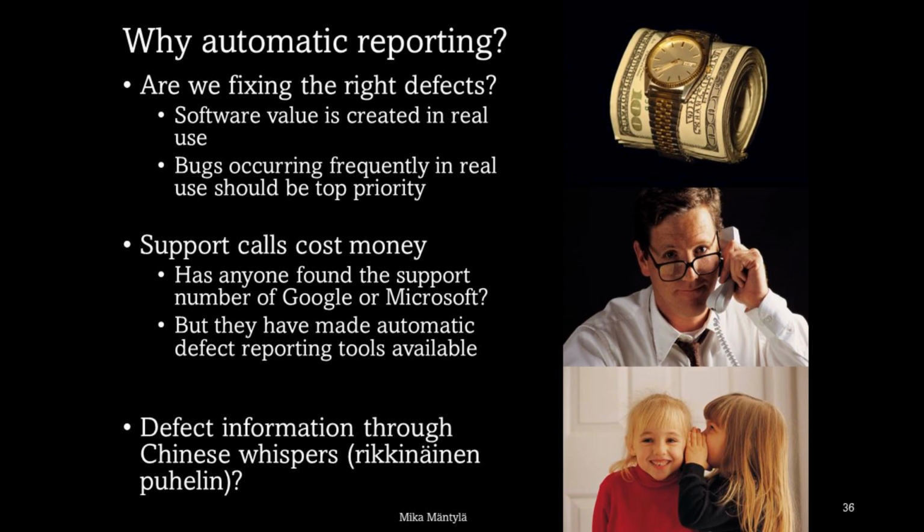Me neither. However, I have used their automated defect reporting tools. Lastly, defect information passed through manual reporting can resemble a game of Chinese whispers. By the time the defect reaches developers, crucial details may be lost or distorted. Automatic reporting captures accurate, detailed data directly from the source, eliminating this issue.